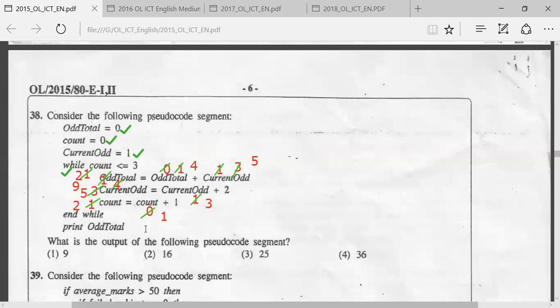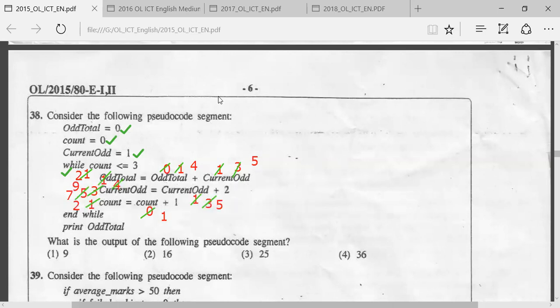Current odd equal current odd plus 2. Current odd is 5. Right? So here current odd is 5. 5 plus 2, it is 7.